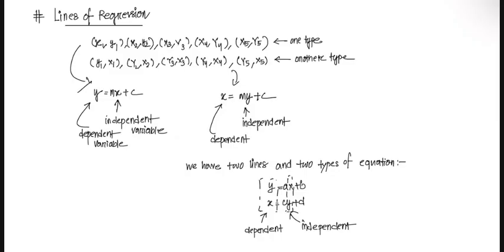Moving forward. So, taking case one, that y is dependent and x is the independent one.